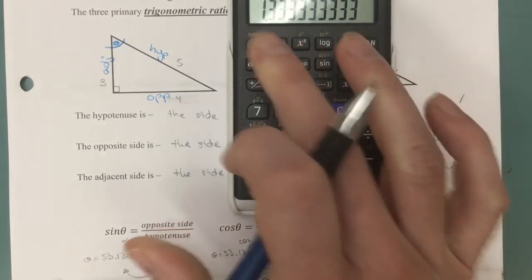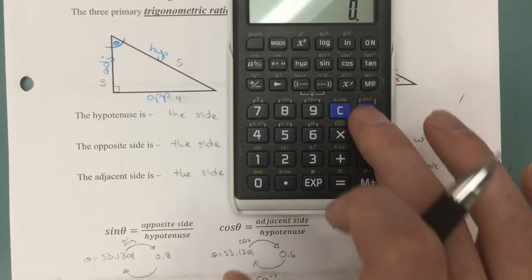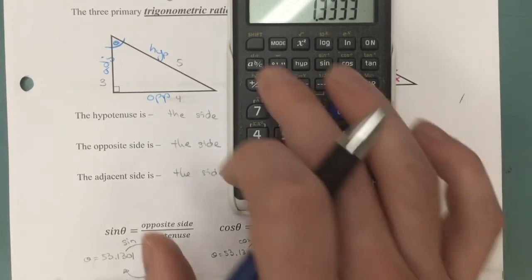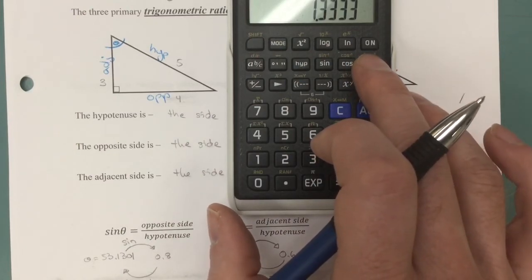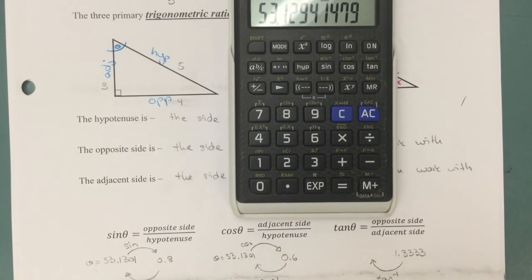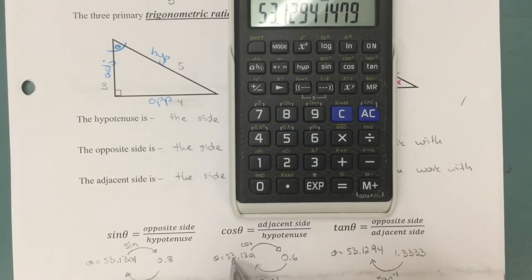I will use 1.3333 instead of 1.3 repeating, just to show you that it'll be a little bit different in your answer. So I use the inverse tan conversion, and that gives me 53.1294. So the angle is 53.1294, and you can see that is a little bit different than the other answers that we've had.